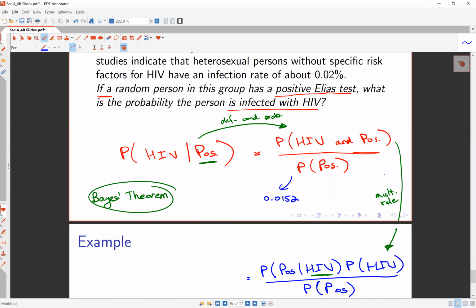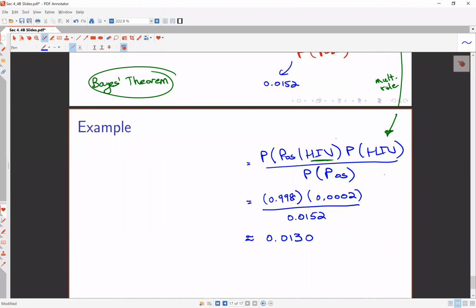So does that mean we shouldn't trust these tests? No. Usually, a doctor is not just going to randomly test someone for HIV. There are usually other risk factors, and that has the effect of adding layers to the conditioning. One factor could be drug use, if someone shares needles.